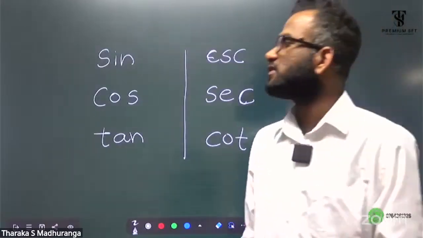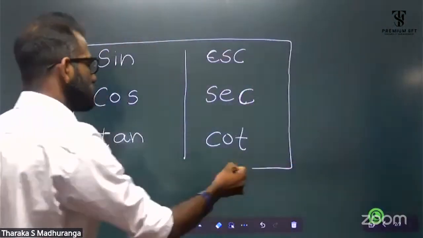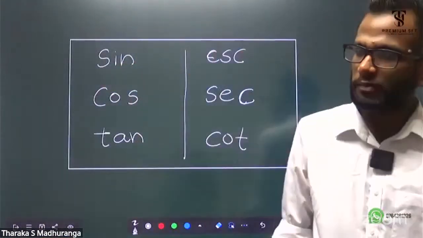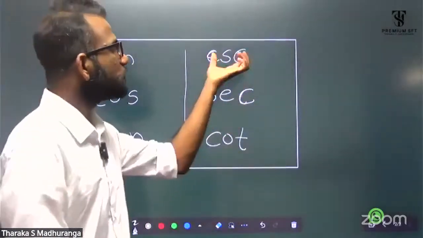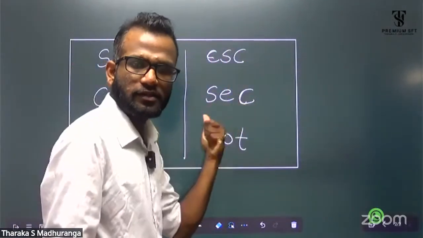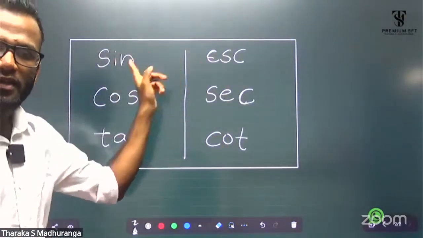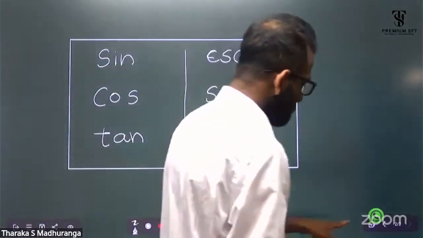Okay, they are all 6 trigonometric ratios. Don't write this, we can discuss them one by one. Sine, cosec, cos, sec, tan, cot. Don't think it is hard, it is very simple.